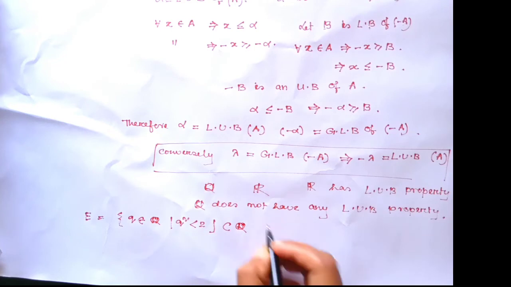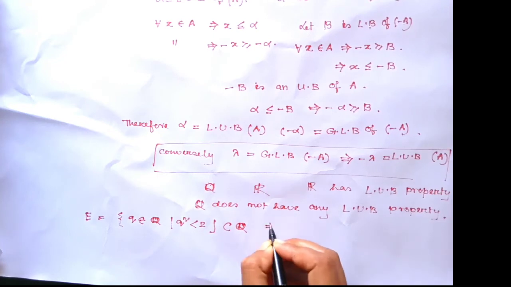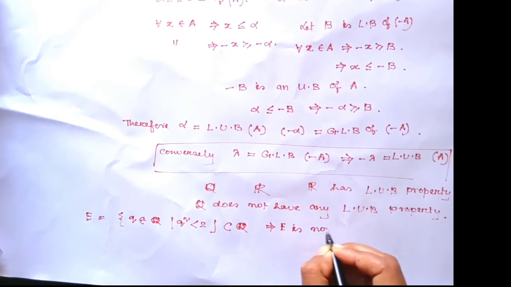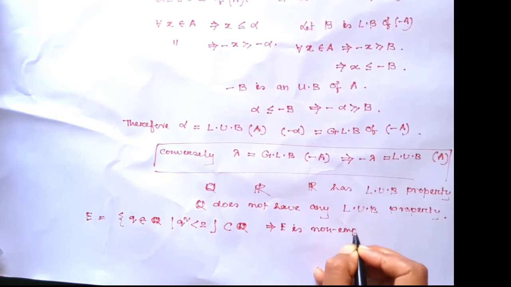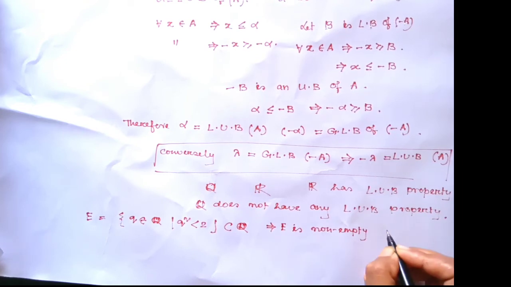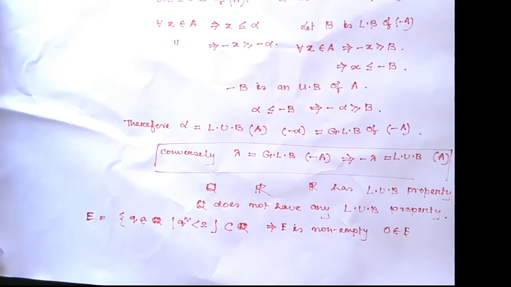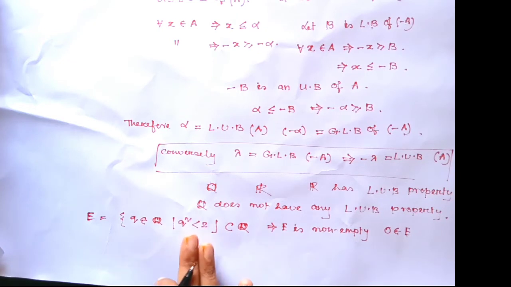Okay. Clearly E is non-empty because 0 belongs to E. This is E. And every number in E is smaller than 2.